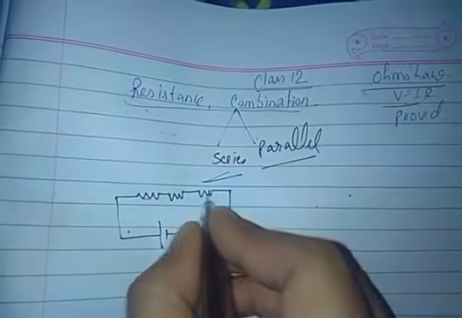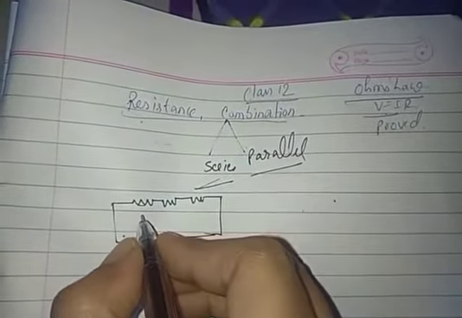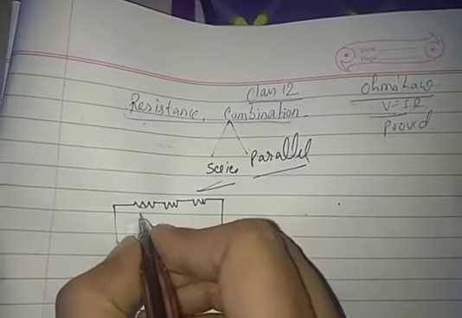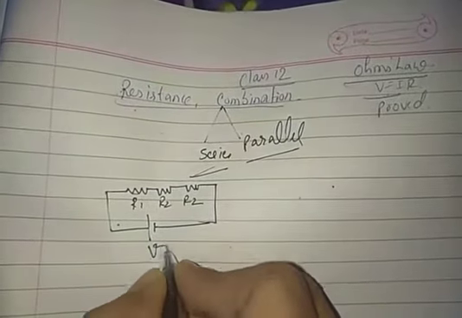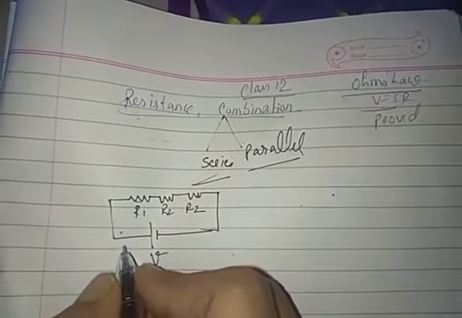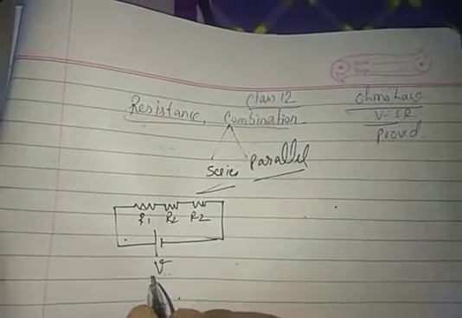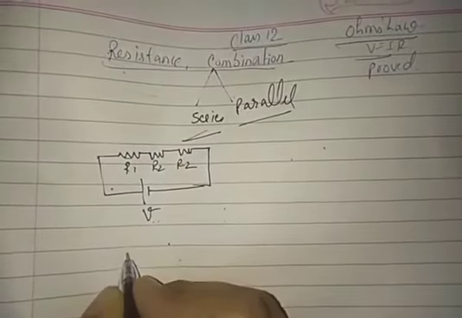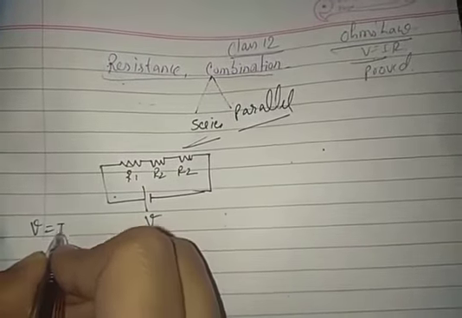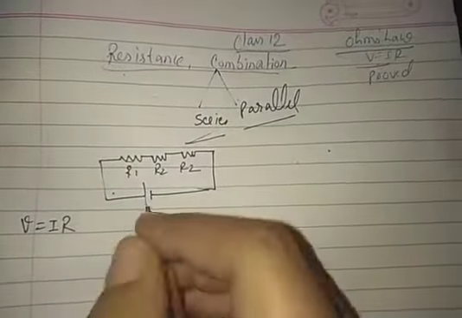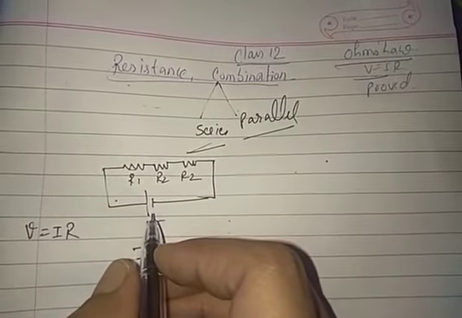When resistors are connected end to end, this is a series combination. Let us name them R1, R2, R3 with potential V. Here we have to find the value of I and V, and we will be applying the formula V equals IR.